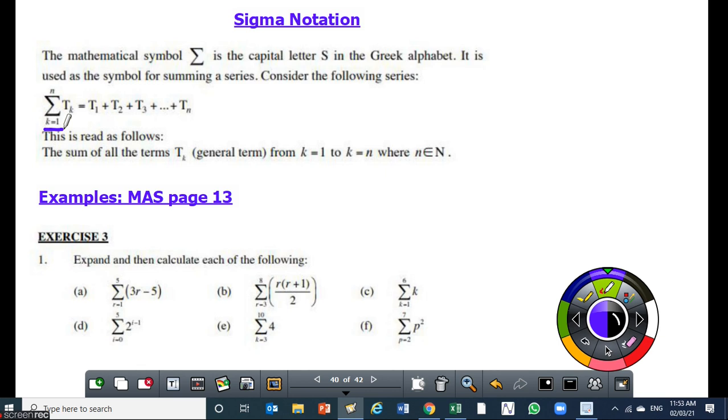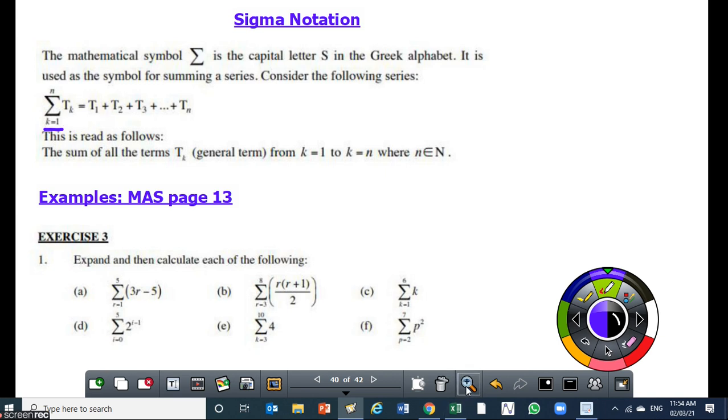The position of the first term is k equal to 1. So your first term will be T1, the last term will be Tn. Sometimes you can have, say, k starting from k equal to 2. It means you substitute 2 into that general term first, then you carry on.